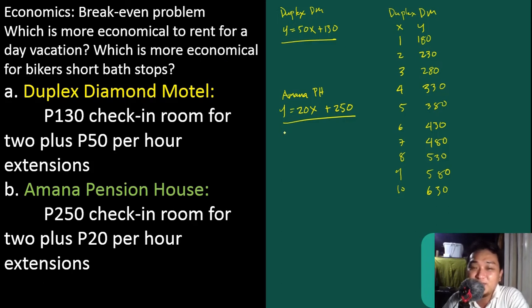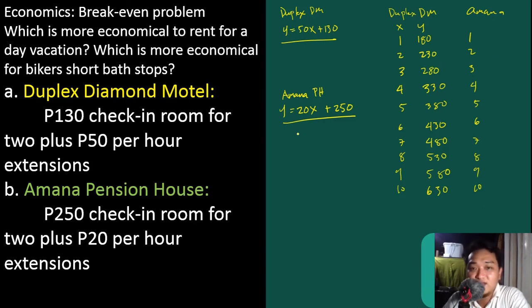Okay, pag-aralan naman natin yung charge o yung cost, pagka naman doon naman tayo tumuloy sa Amana Pension House. So, per hour niya is 20. Kung sa Amana tayo, 1 hour, 2, 3, 4, 5, 6, 7, 8, 9, 10.